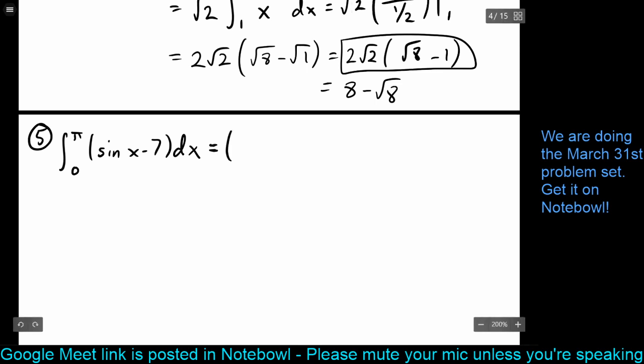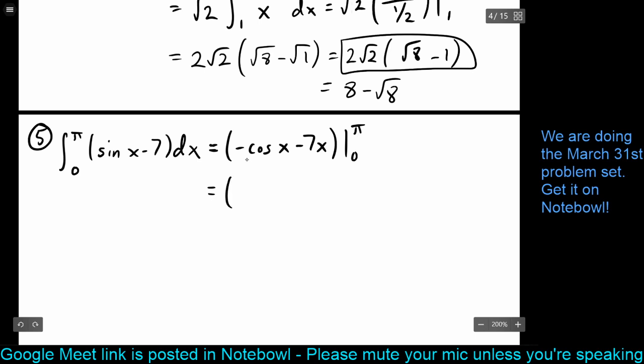Antiderivative of sine of x would be minus cosine. Antiderivative of 7 is 7x, but minus that. And then we go from 0 to pi.